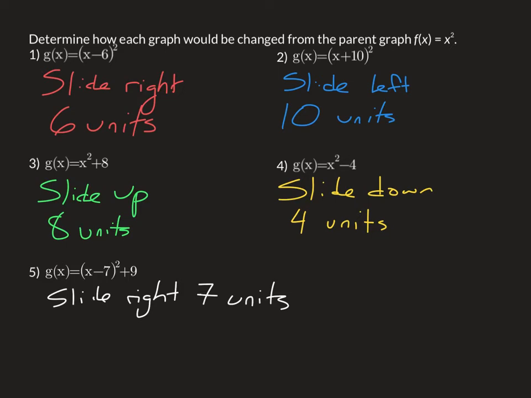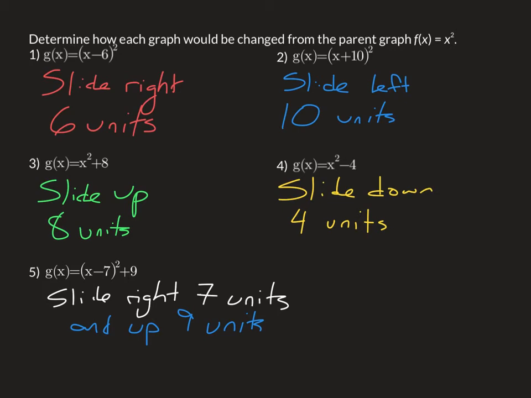But the plus 9 then moves us again. So this time we will also slide up 9 units. The plus on the outside, again, we do the same direction as what we would think. So plus 9 means up 9.